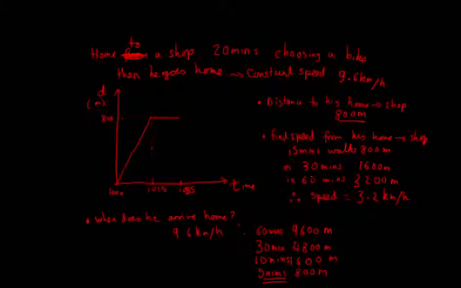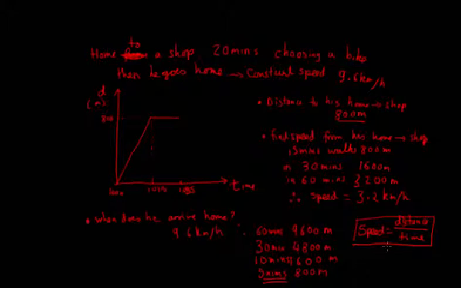Now, I think the simpler way of doing this is using the speed time formula. Speed is distance over time. For these kind of sums, I would memorize that and work them out accordingly.